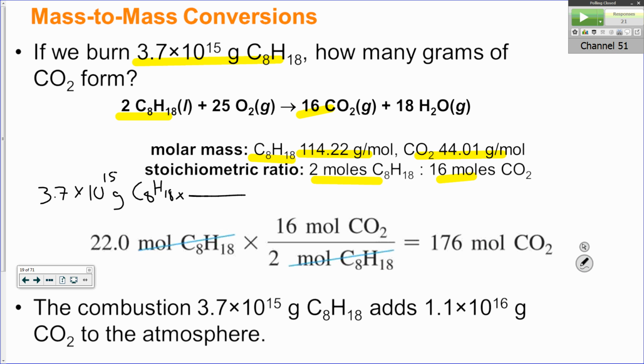The molar mass is 114.22 grams of C8H18 per mole of octane, C8H18. Okay, I know that there are 2 moles of octane.